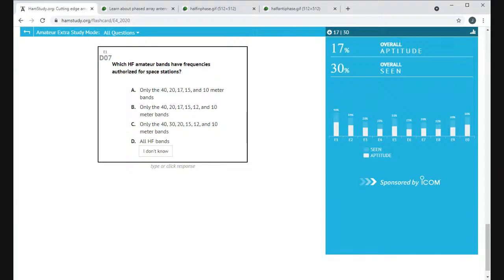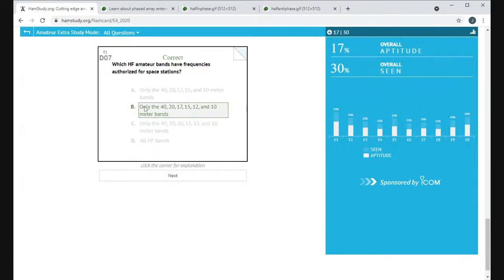C. Only 40, 30, 20, 15, 12, and 10. D. All HF bands. I'm going to guess B, and that is correct.